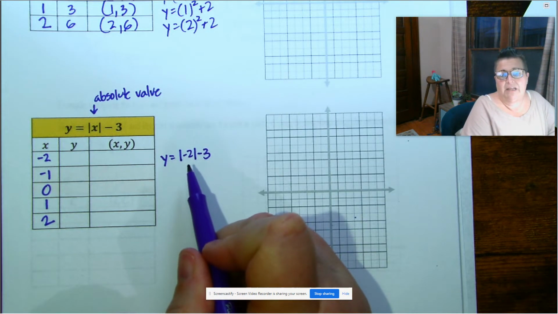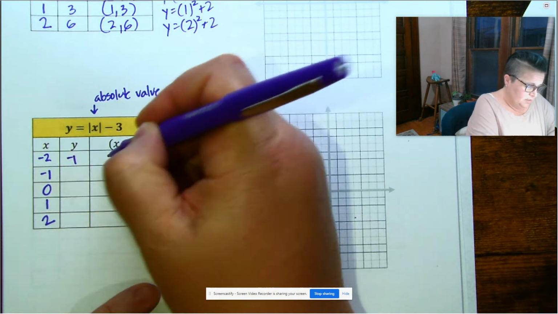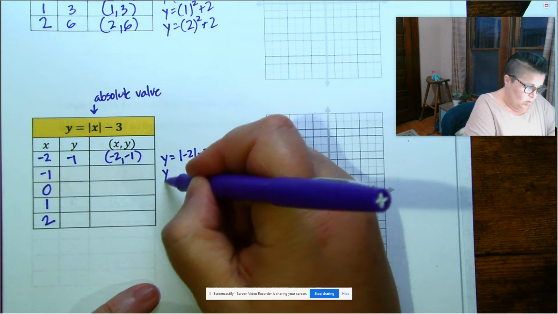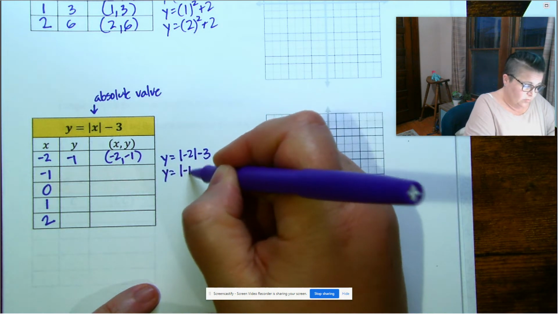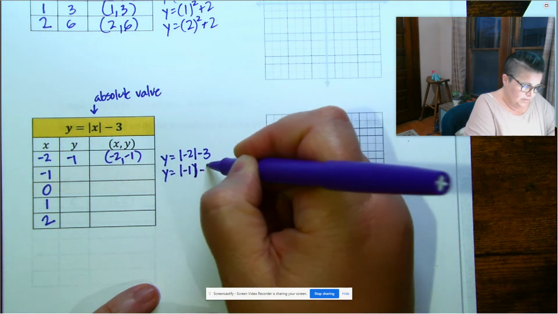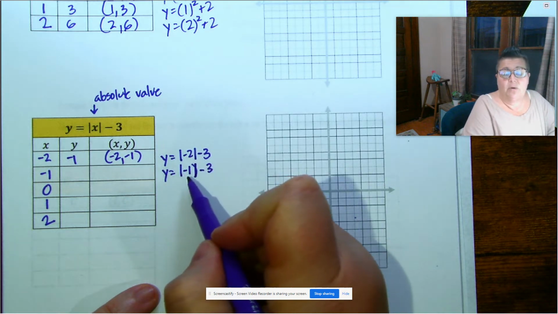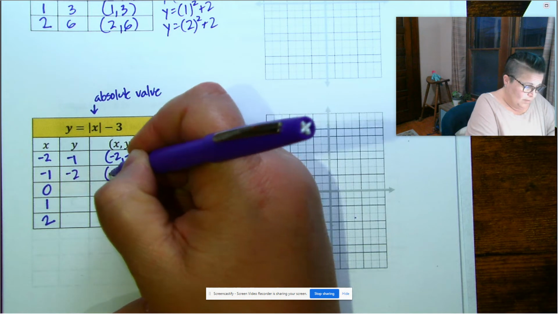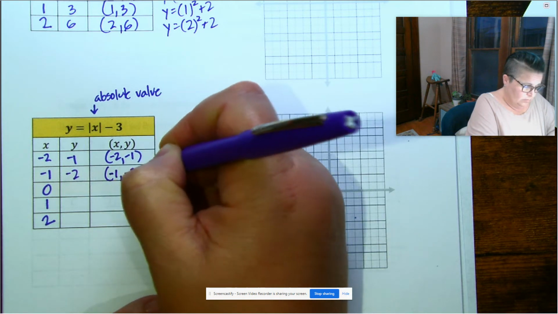The absolute value of a -2 is 2. 2 minus 3 is -1, giving us the point -2, -1. Then y would be the absolute value of -1, minus 3. The absolute value of a negative 1 is 1. 1 minus 3 is negative 2, giving us a point at negative 1, negative 2.